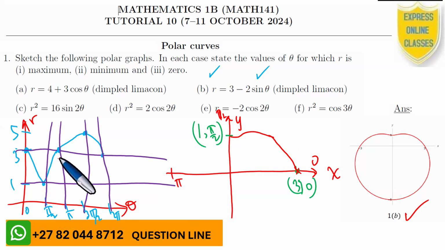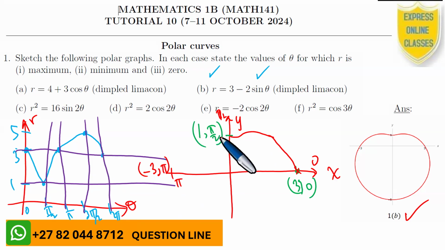But this 3 at pi is on the other side, so it is negative. But this r was 1, and then now it becomes 3.